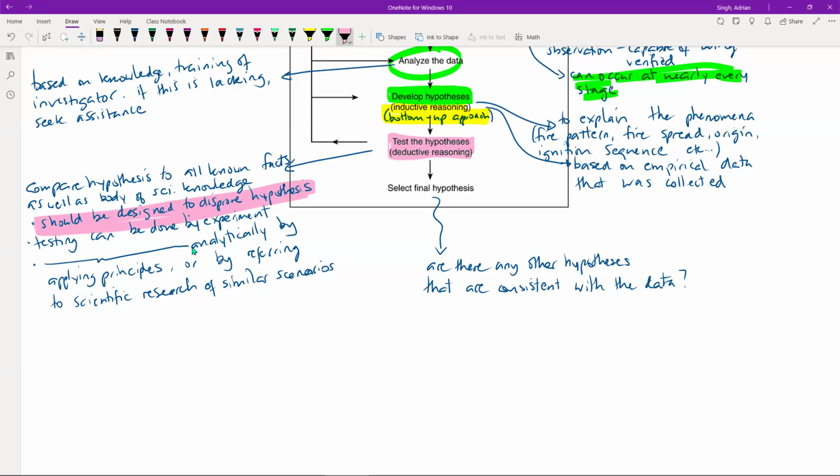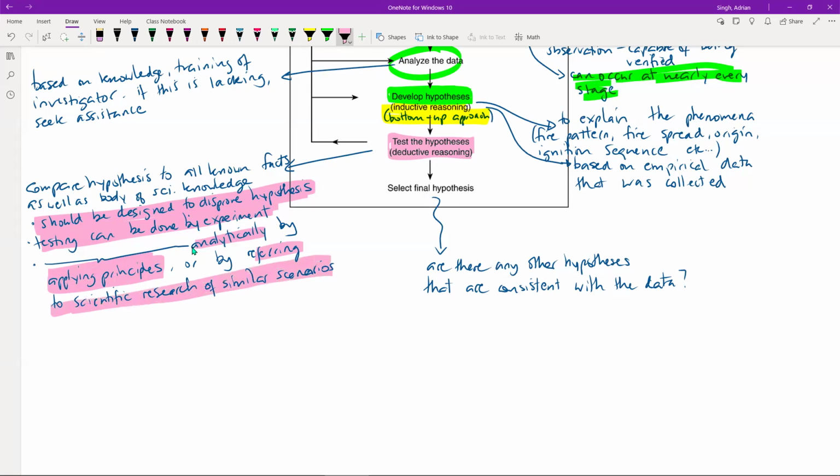We can do that testing by experiment, as we've talked about previously. We can test the hypotheses analytically by applying physical principles, scientific principles. So not actually doing an experiment, but analyzing using our previous knowledge, or we can refer to scientific research of similar scenarios, right?